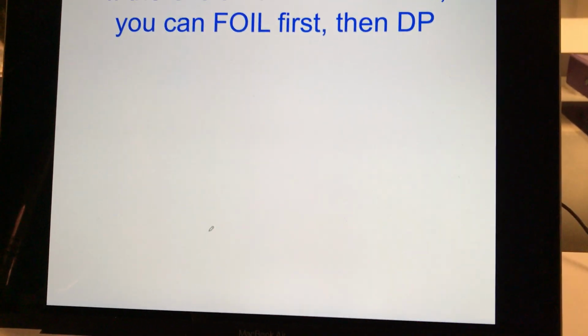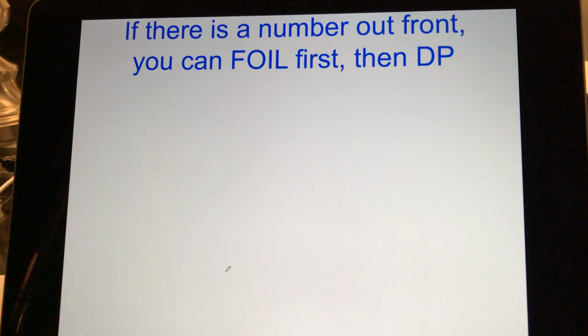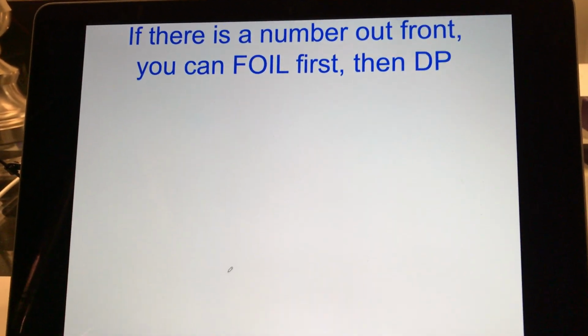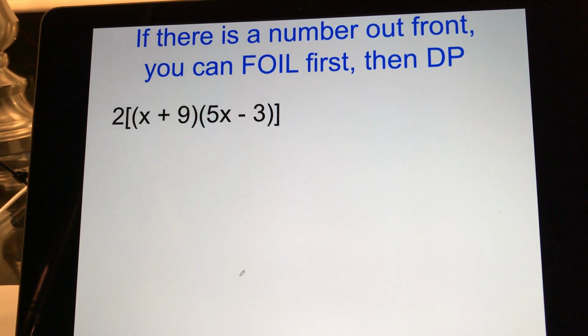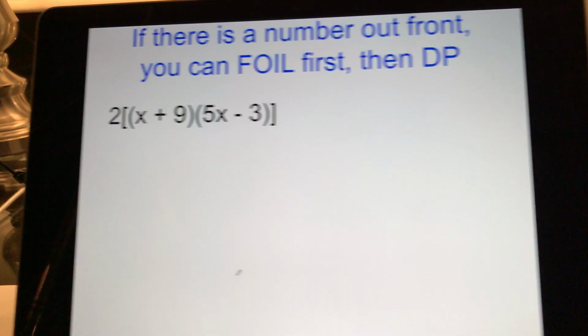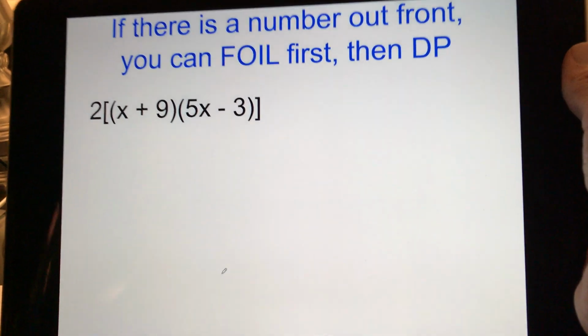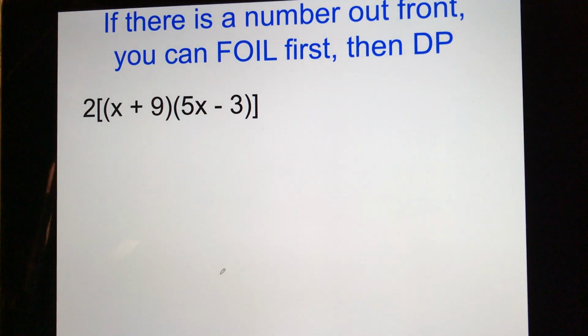If there is a number out front, then we can FOIL the first then distributive property. So for example here, I have 2, then bracket x plus 9 and 5x minus 3. What I can do is I'll just leave the 2 up front.